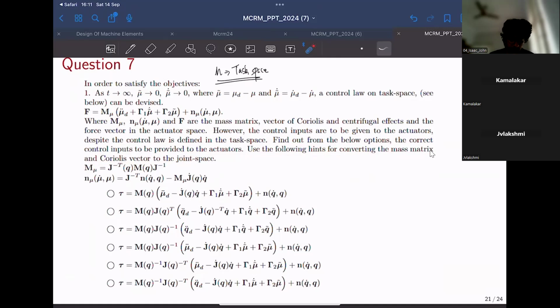So you have to find out, if this is the computed control law in task space, what would be the computed control law in joint space? So it could be a tricky question. So you can use these following hints to go to these following control laws. How can one do that?